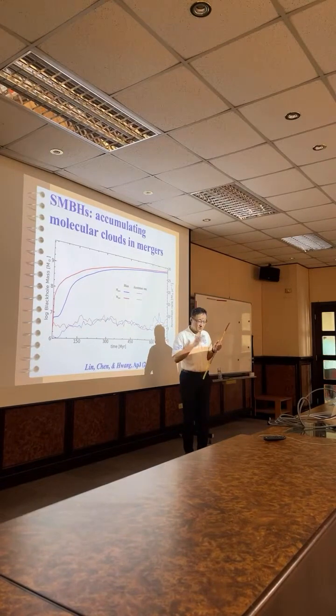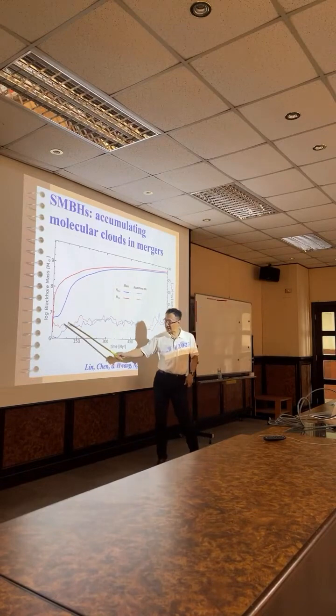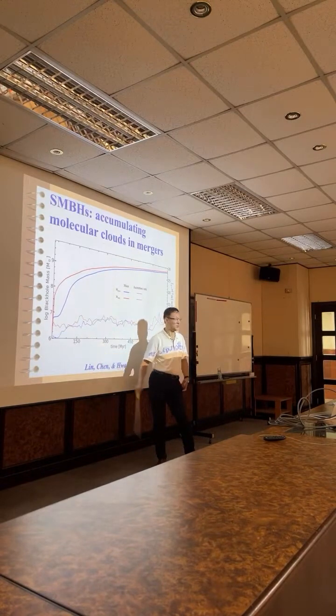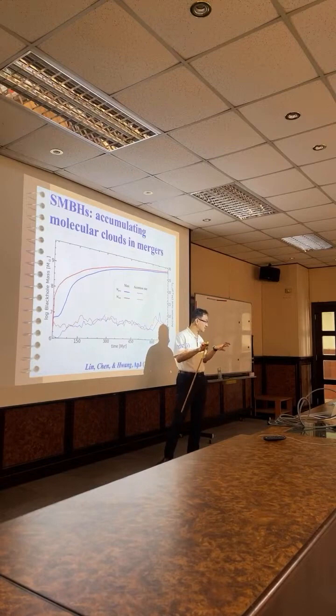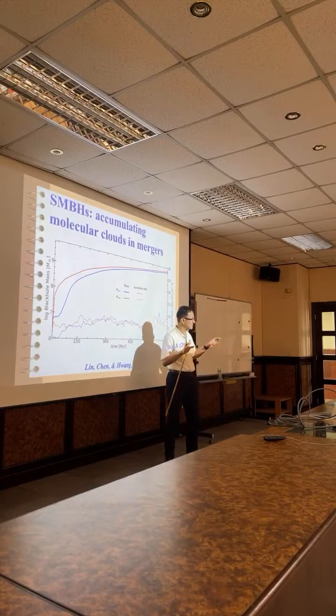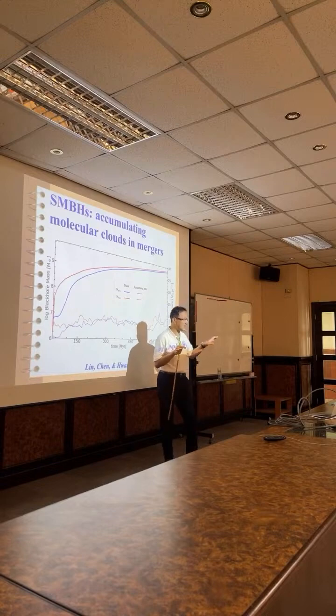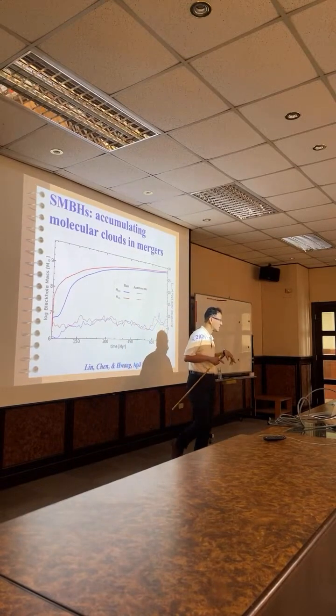More relevant to the intermediate mass black hole is that in the models we don't have a central supermassive black hole, but instead we have some seed, like 10 to the 4 or 10 to the 6 solar mass, around the central region of the galaxy.